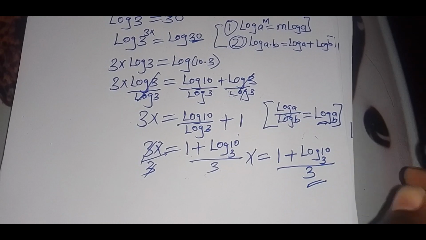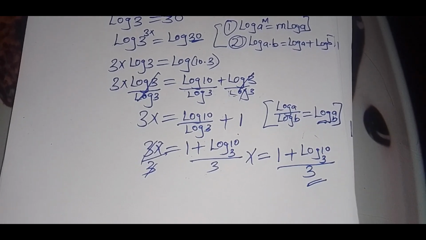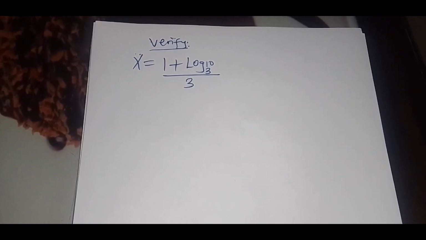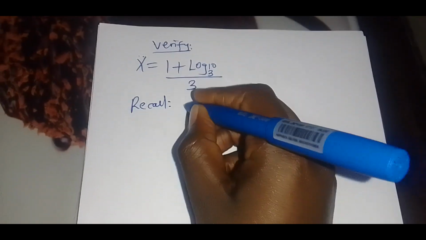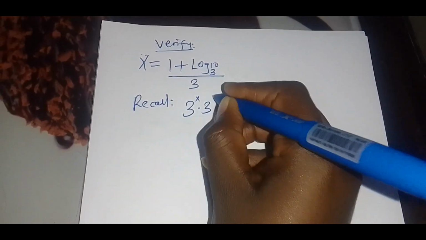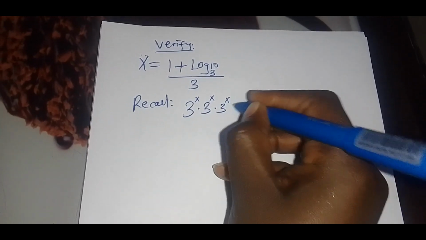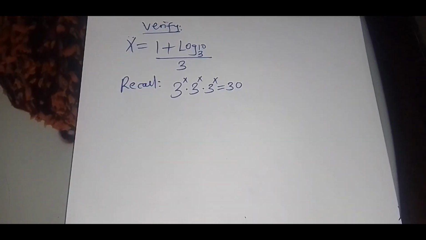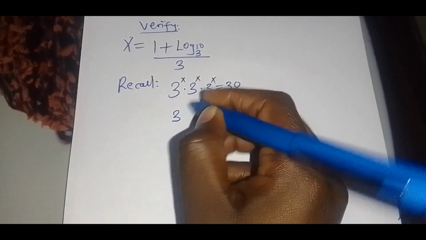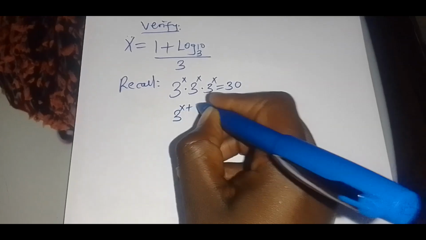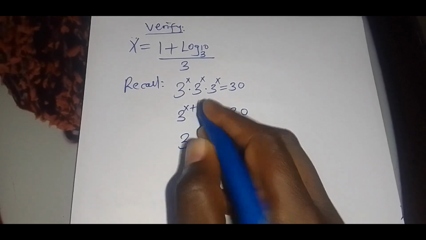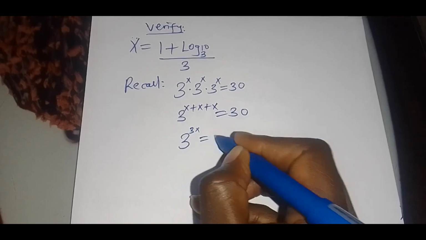Let's verify that the value of x is correct. Recall we had 3 raised to power x multiplied by 3 raised to power x multiplied by 3 raised to power x, which should give us 30. This is the same as 3 raised to power x plus x plus x, which is 3 raised to power 3x, equal to 30.